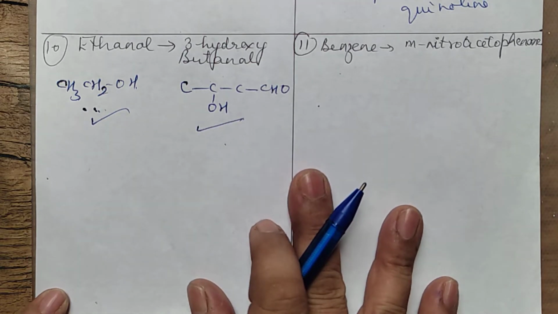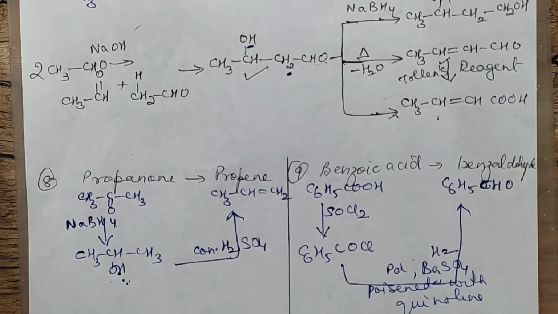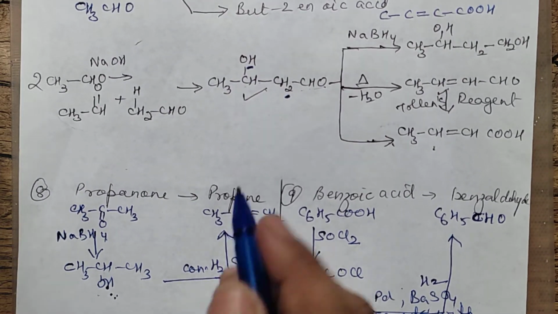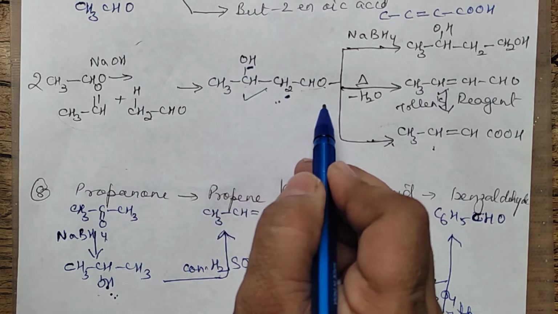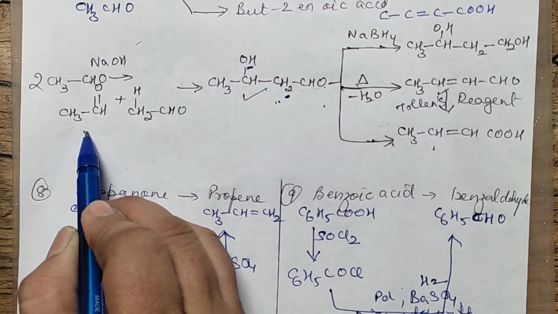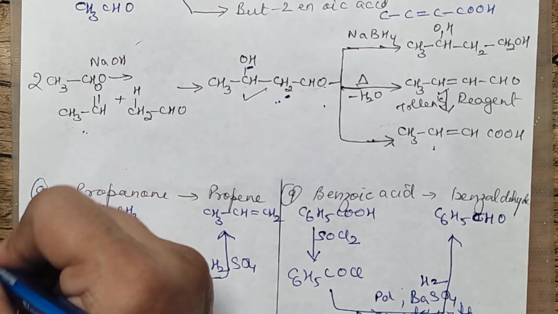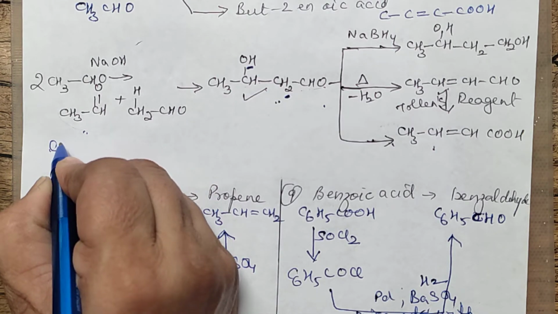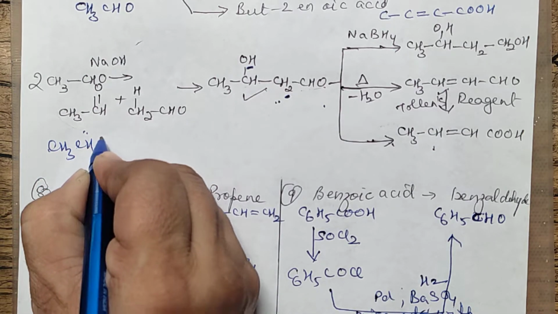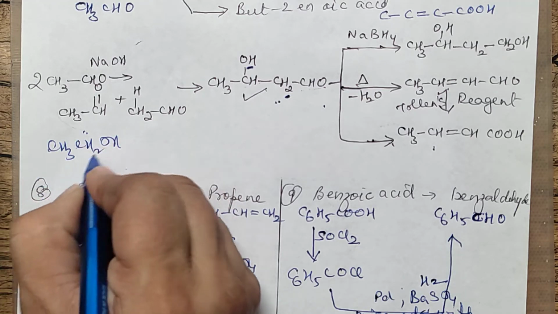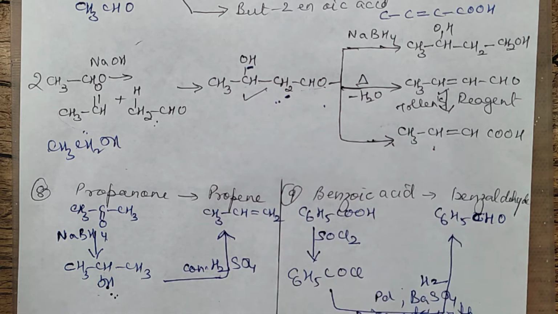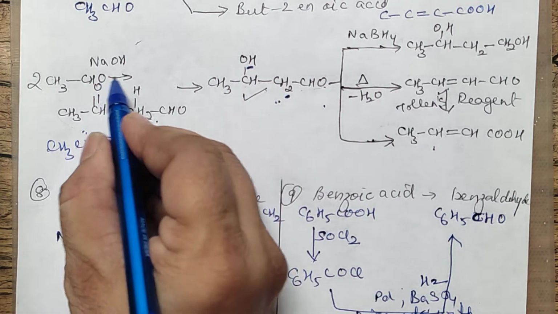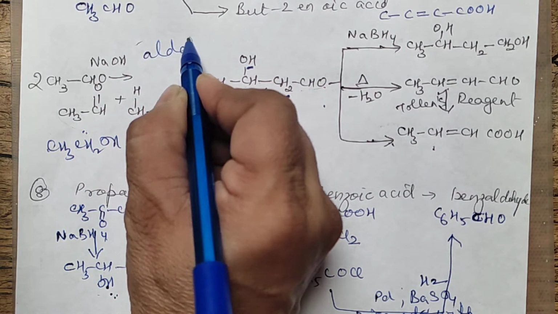I'll just tell you where we have done. We have done this reaction. It's basically this they are asking us to prepare. This is 3-hydroxybutanal, but this is from aldehyde. In the question which is asked is from alcohol. If you are asked from alcohol, what are you going to do? First you will oxidize this alcohol to aldehyde, and then from aldehyde you can carry out the aldol condensation. This is aldol condensation, which I told you.